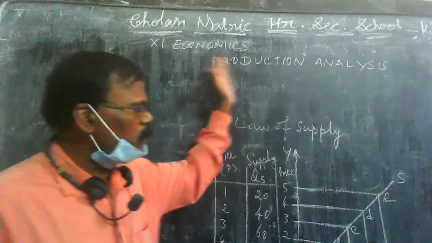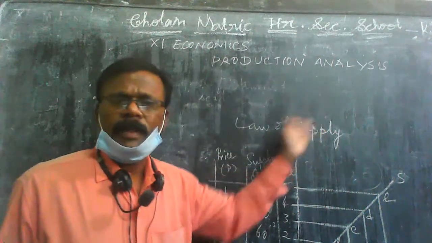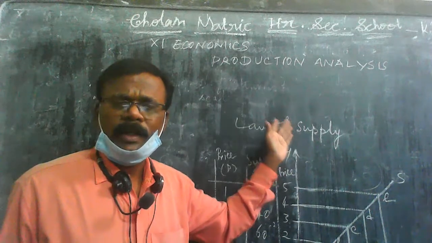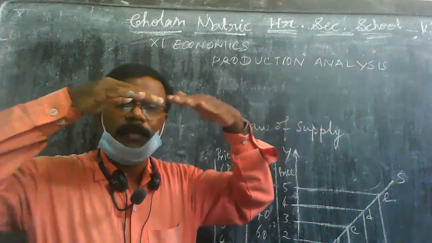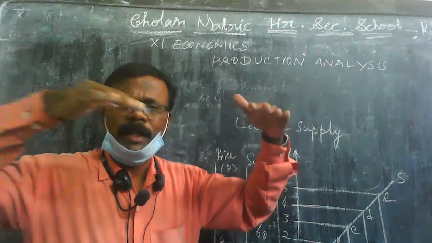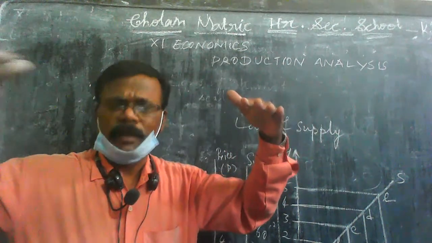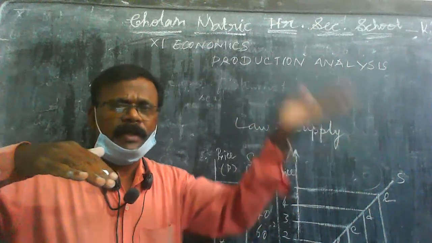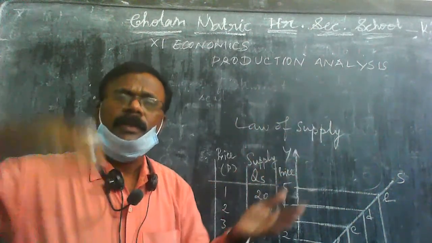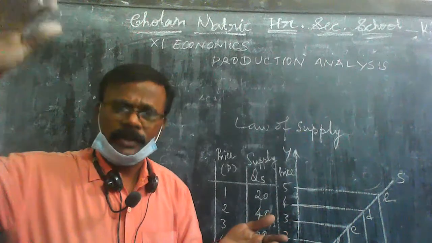When we come to the law of supply, the law of supply states that what? The law of supply states that there is positive relationship between price of a commodity and the supply of that commodity. That means as the price increases, the quantity supplied increases.